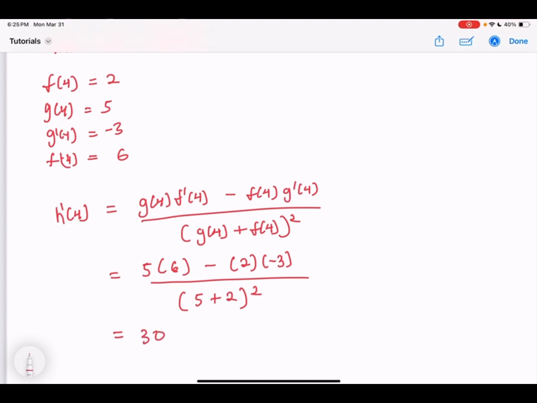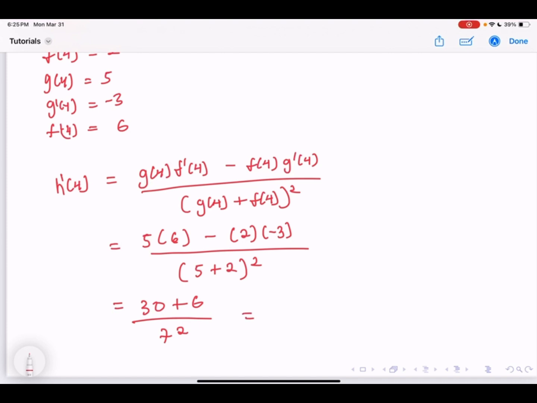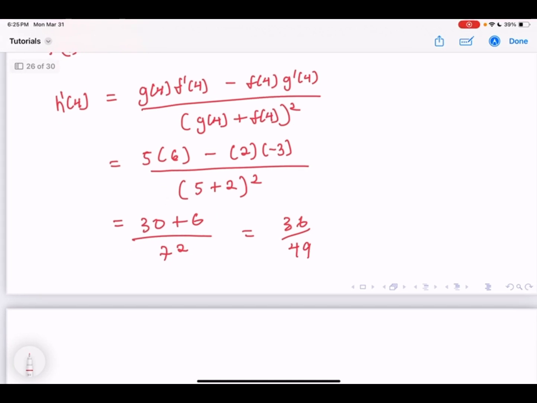So you're going to have 30 plus 6 on 7 squared. That will be 36 on 49. Hence h prime of 4 is giving us 36 on 49.